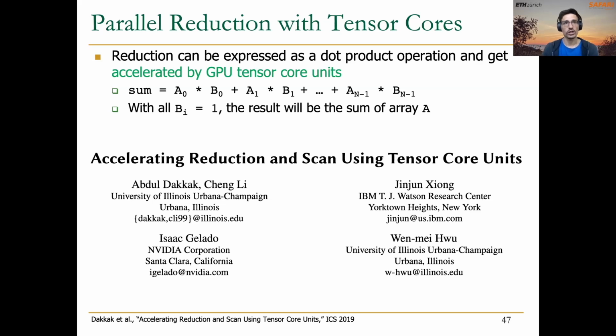In the case of reduction, a reduction can be expressed as a dot product operation, and we can get the accelerated reduction using the GPU Tensor cores unit. If you see what a reduction is, it's essentially the same as a dot product operation, as you see here in this line, where one of the vectors has all the values equal to 1. So the result will be the sum of the other array, array A.